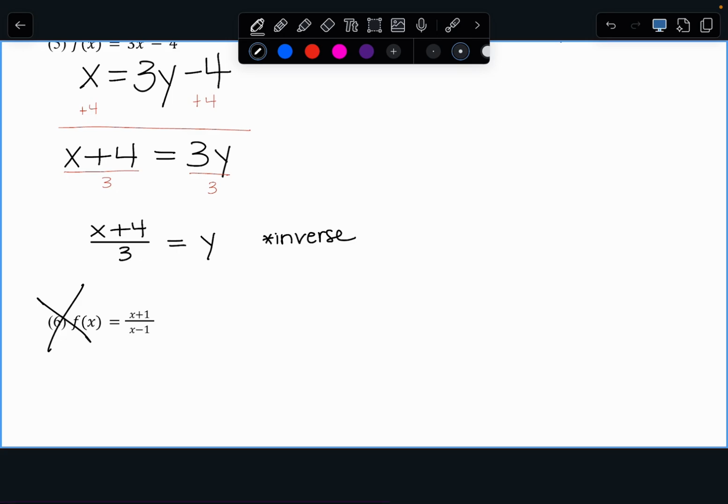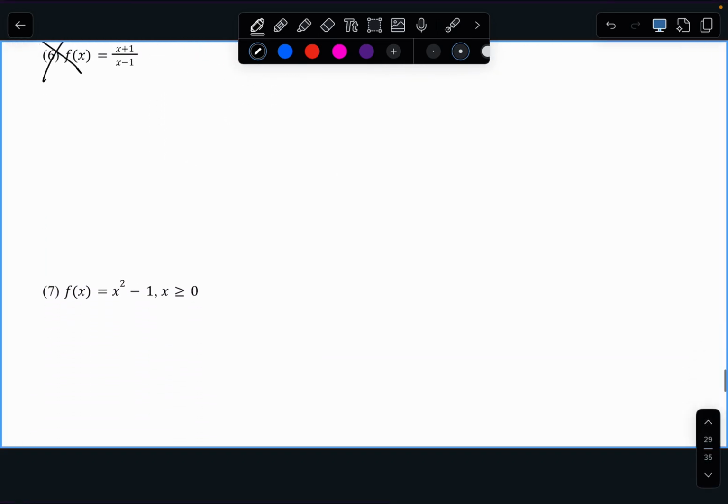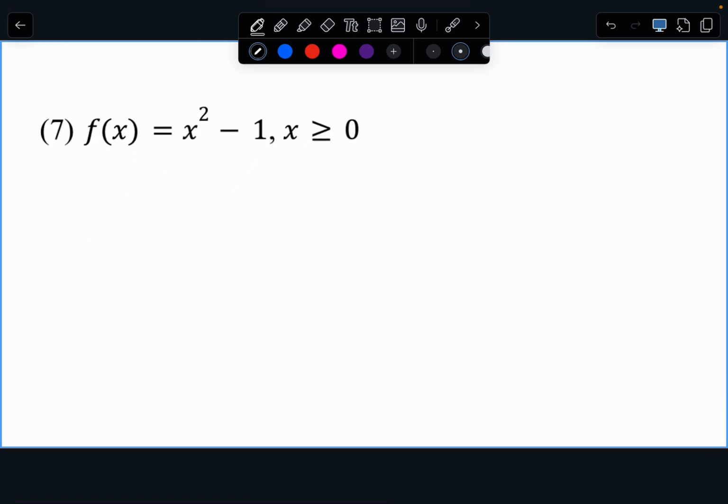We're going to skip 6. But we're not going to skip 7. First step. Switch x and y.